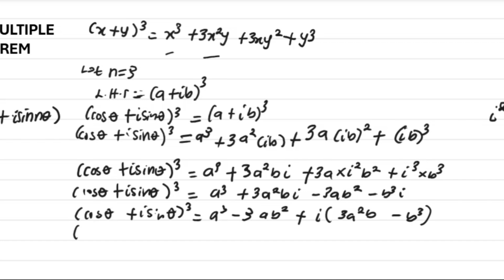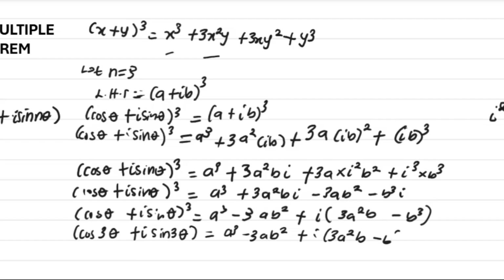So it means that this is going to give us cos 3 theta plus i sine 3 theta is equal to a raised to power 3 minus 3ab square plus i into 3a square b minus b raised to power 3.